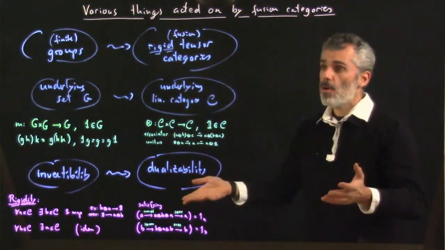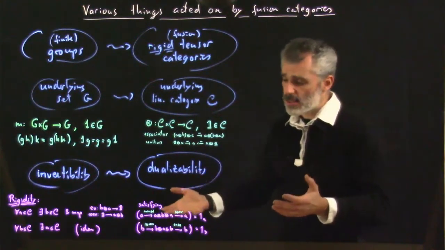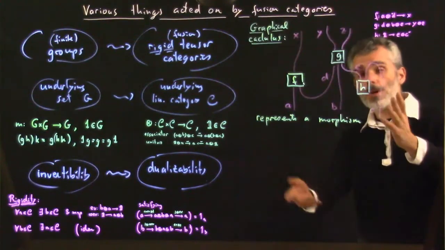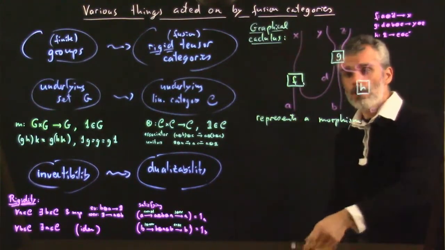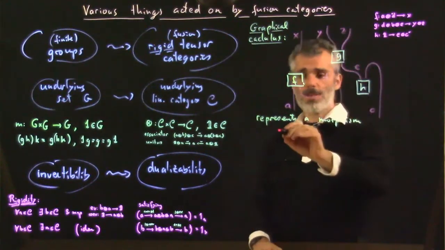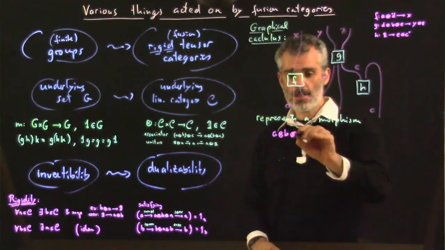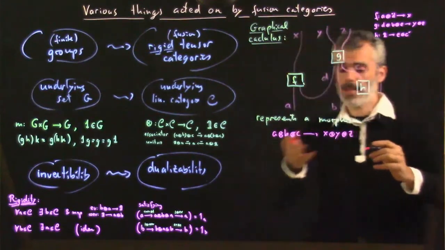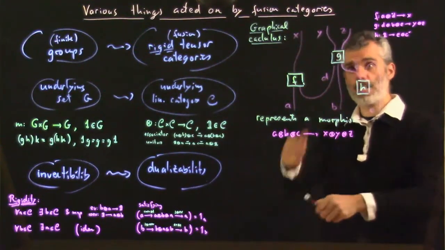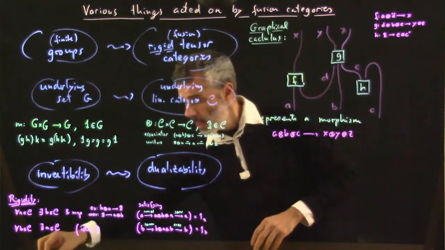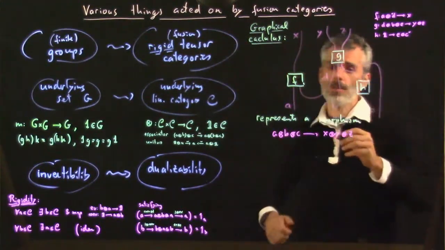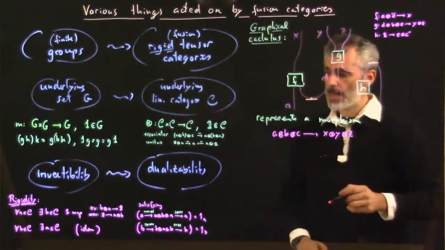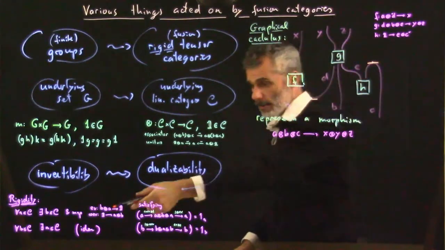Now, when working with rigid tensor categories, there's a very convenient graphical calculus, which tells us that a picture like this represents a morphism, in this case from A tensor B tensor C to X tensor Y tensor Z. And these are objects of C. One important feature to remember is that whenever there's a horizontal line to one of these strands, it means that secretly we're using these evaluation and co-evaluation maps.